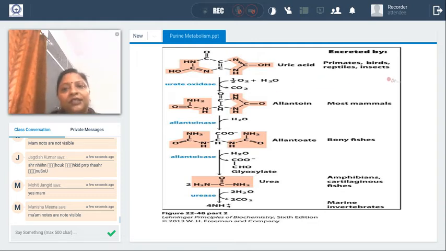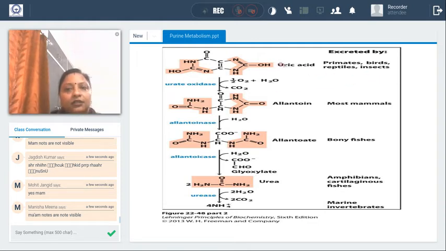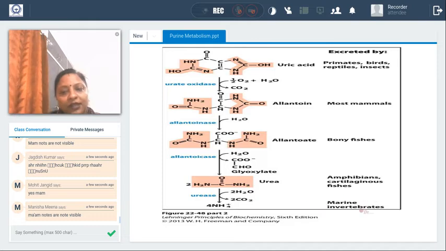In primates, birds, reptiles, and insects, the end product is uric acid. Uric acid is excreted, you all know. Another is allantoin in most mammals and bony fishes, and allantoate and urea in amphibians, marine invertebrates, and cartilaginous fishes.